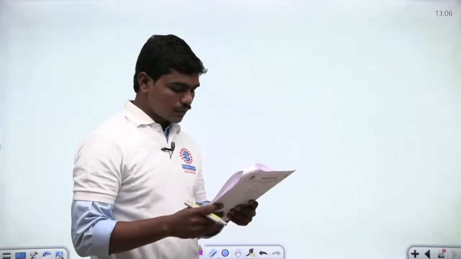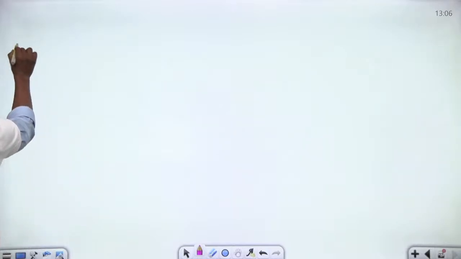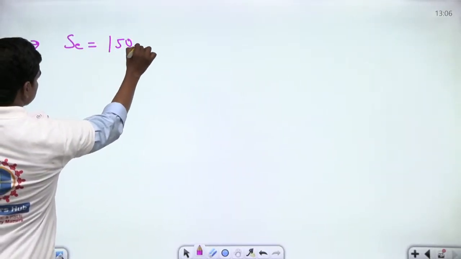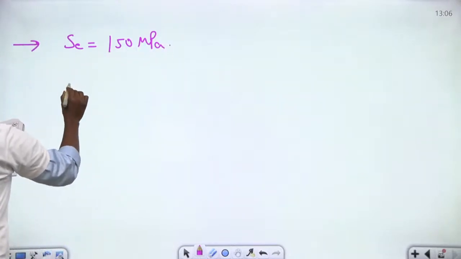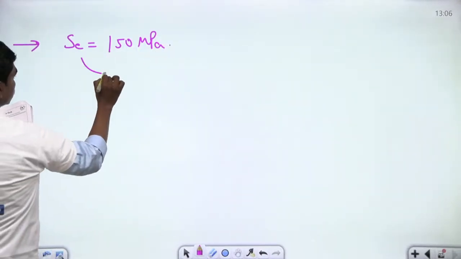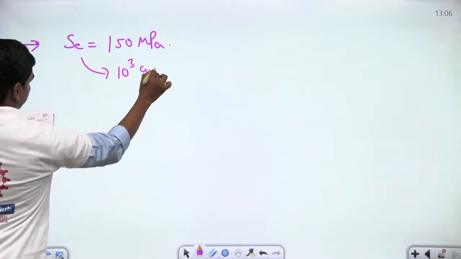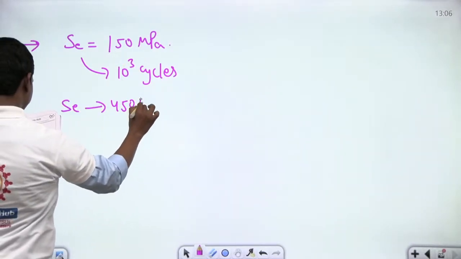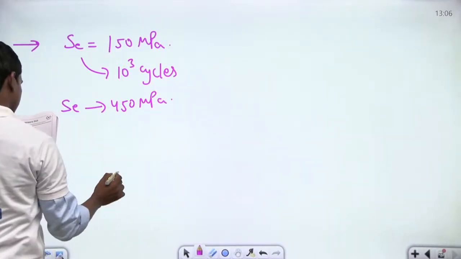Next, there is one question from number of cycles, dynamic loading basically. The endurance limit is given as 150 megapascals, and the endurance strength for 1000 cycles, so 10 cube cycles, is 450 MPa.